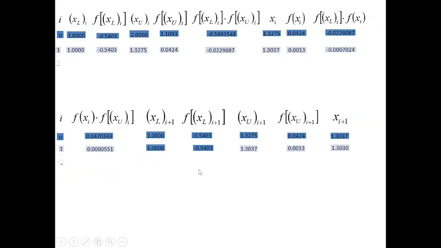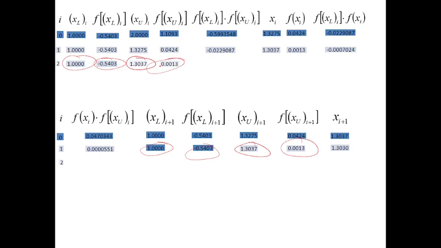And then, for i equals to 2, o 1, kopyahin lang natin. Ito ay 1. Okay. Tapos, we have ito, negative 0.5403. Then, kopyahin lang natin 1.3037, 0.0013. And then, kunin natin yung product.